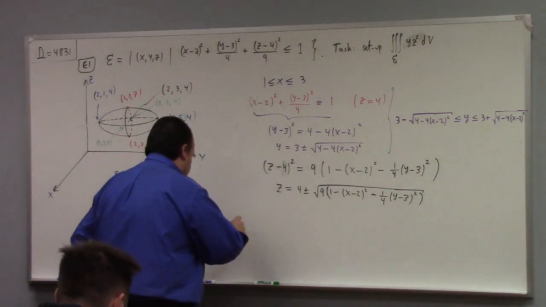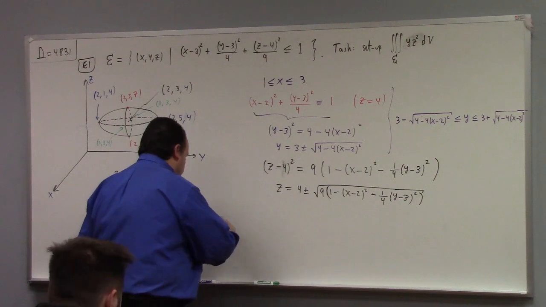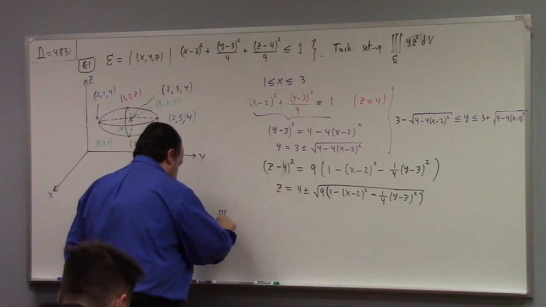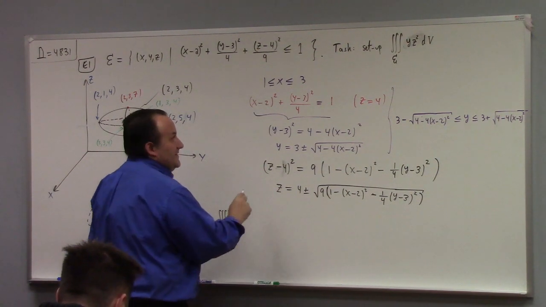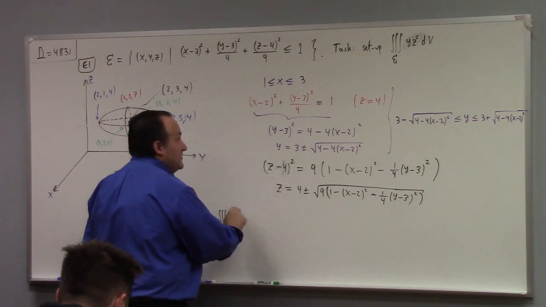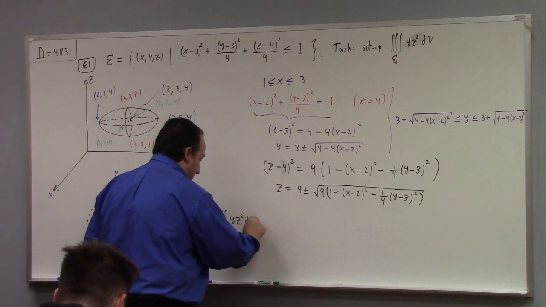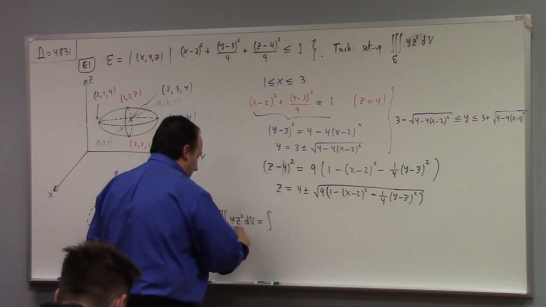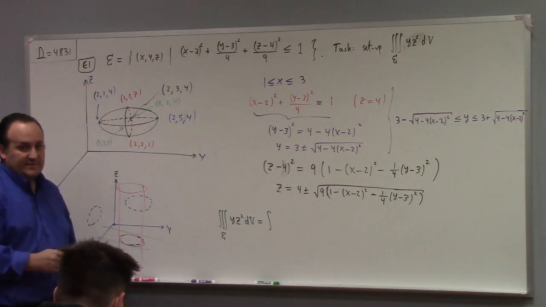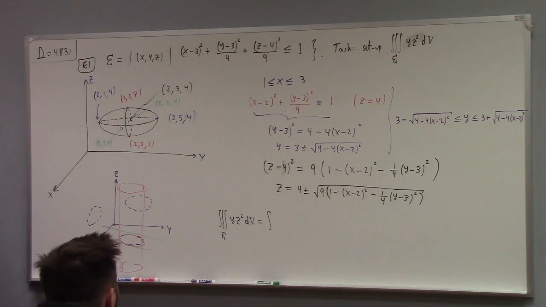And so the answer, well, the first answer, is that the integral over e, and did any of this have anything at all to do with yz squared? Not even a little, right? Had absolutely nothing to do with the integrand. This is completely about e, right?